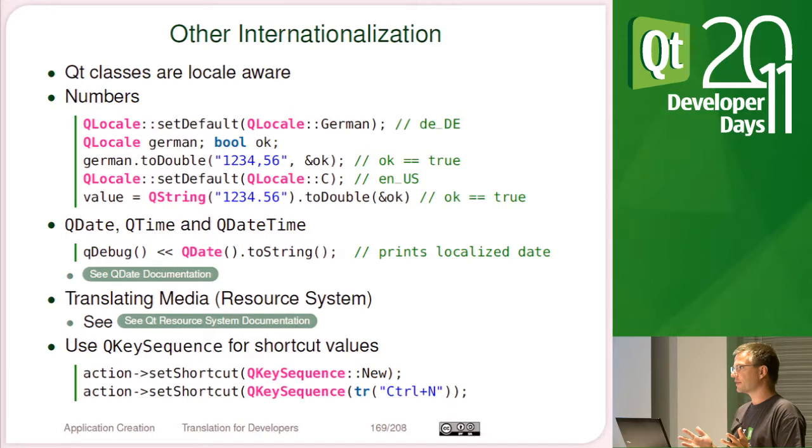Okay, then there are some additional things you have to remember when you deal with multi-language support. You have the different locale settings, meaning if you have a decimal point or a comma. And here is the API functions to use, the QLocale.